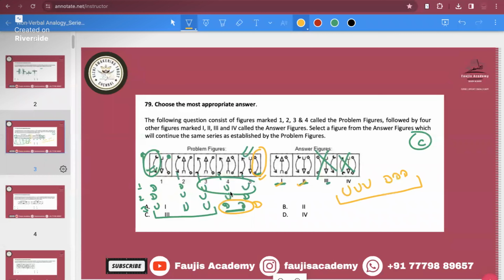Over here, 3 times up is already there, and now there will be 3 times down. Down, down, down. So if it is down, down, down, which one will be the answer? Second option. Second option will be your answer in that case.